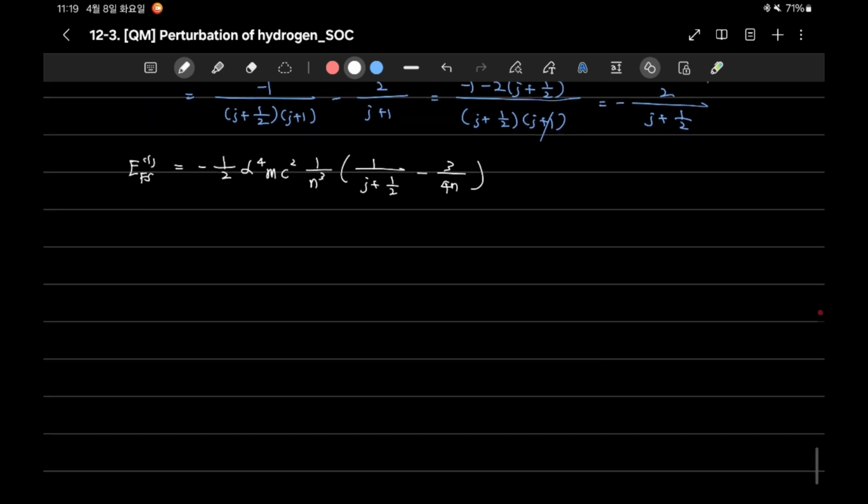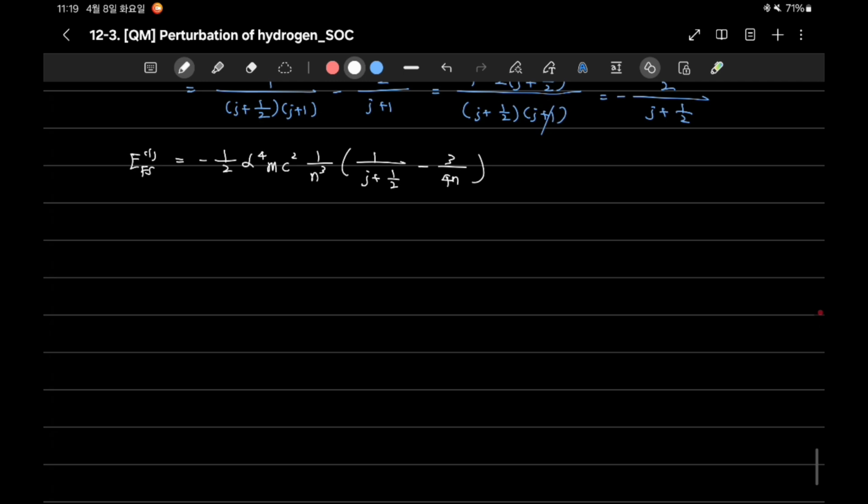And finally, when we draw the picture of the energy levels, in the Bohr energy for n equal to 1, n equal to 2, or n equal to 3, the Bohr energy level is degenerated.